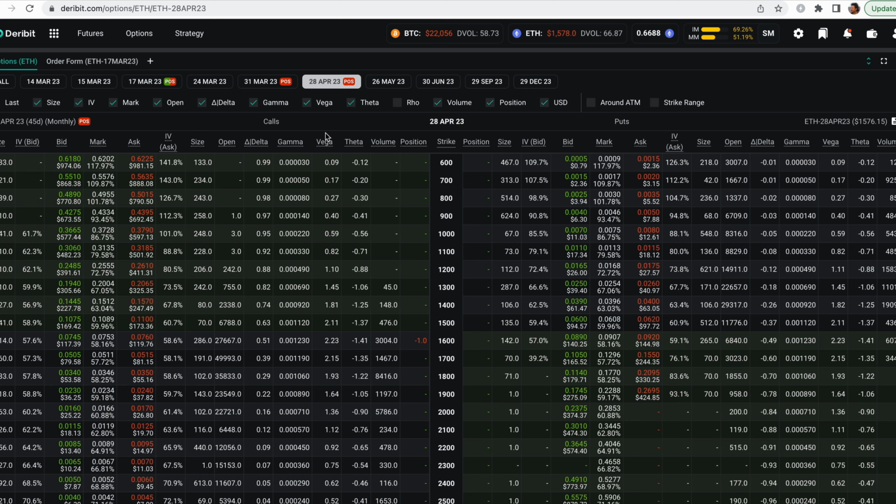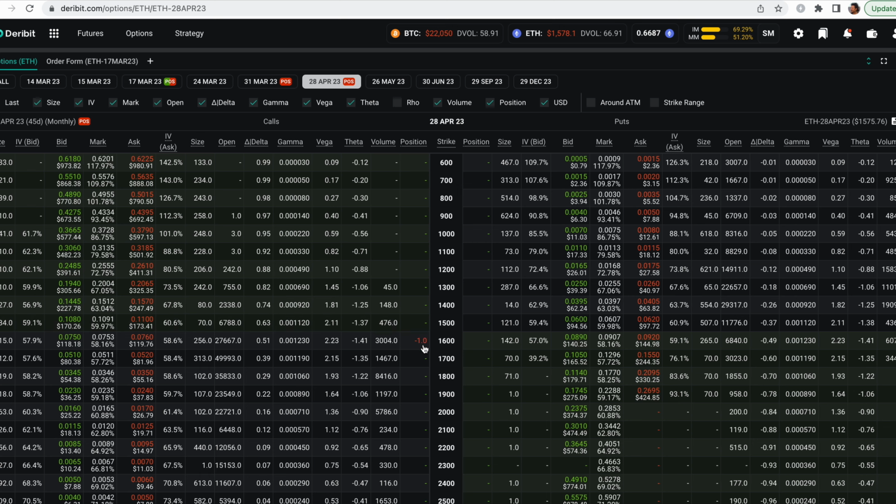contracts. And yes, we can see perfectly fine there is a 45-day till expiry contract, and I do actually have one contract with Ethereum set to expire with a 1600 strike price and expiry on April 28, or about 45 days from today. Ethereum is trading slightly under my strike price.